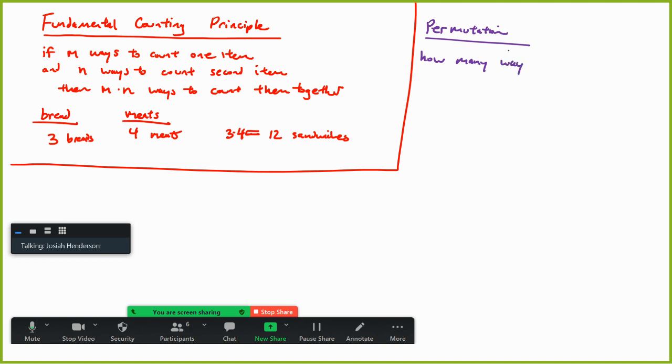So think of permutations and combinations as an arrangement. How many ways are there to arrange items in a group? How many ways to pick or arrange a smaller group from a larger group?